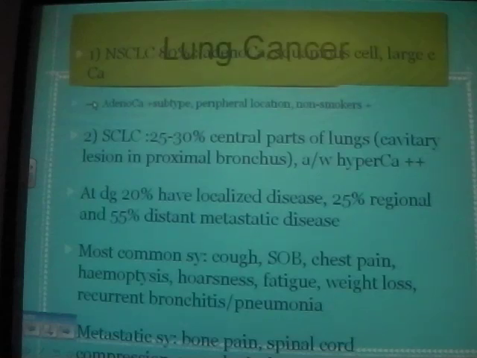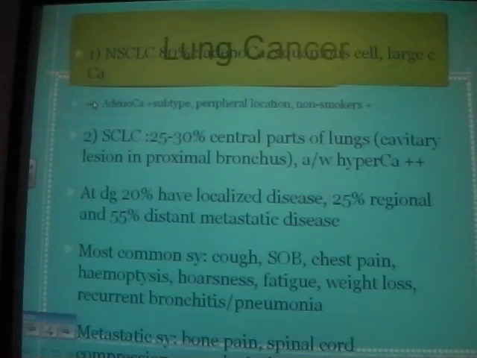So as we see, it is quite often diagnosed at a very late stage. So basically, in more than 50% of cases, the patients have already distant metastatic disease. And what is of interest to us is how those patients present, because we can have a patient on the ward who's just short of breath, but he's been short of breath for a while. There's some chest pain, cough.